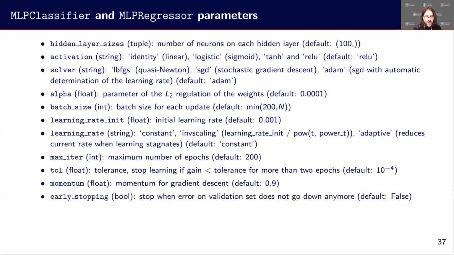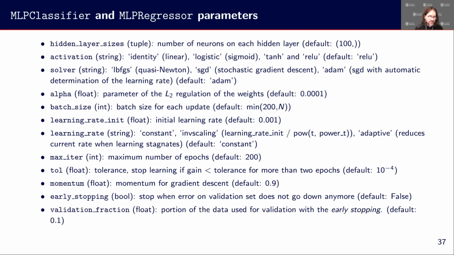And in terms of early stopping, this is used to say, do we stop when the error on the validation set stops going down, when we see that we are stagnating or increasing. By default, it is disabled, but that's a good thing, I would say, to use in general to stop the training when we see that there are some stagnations on the validation set.